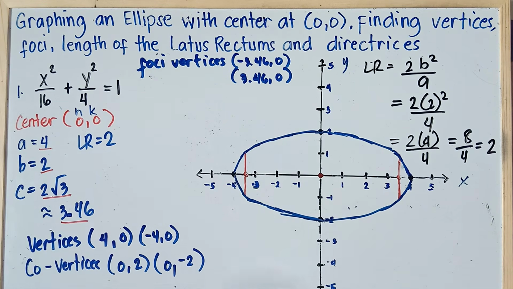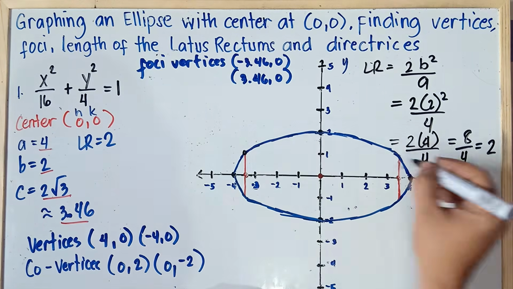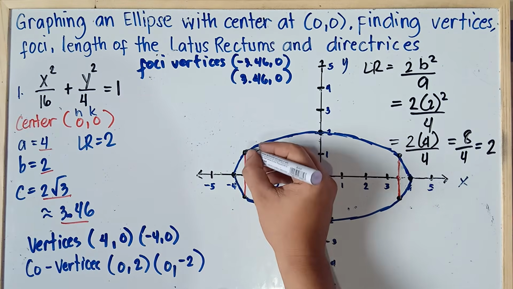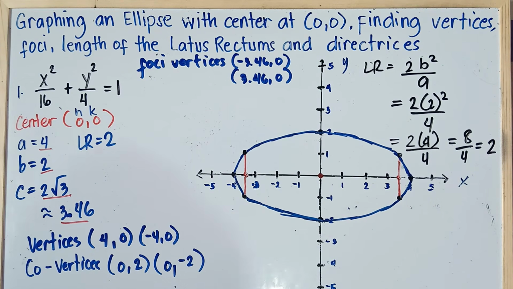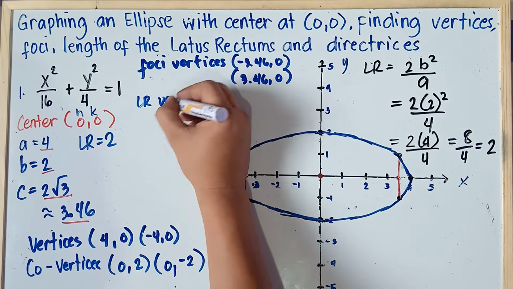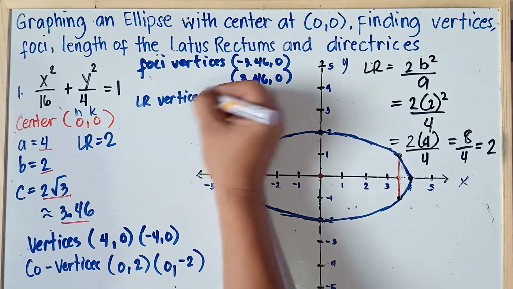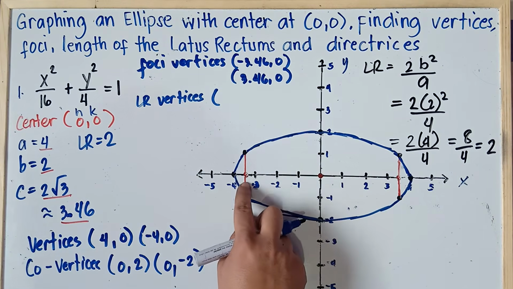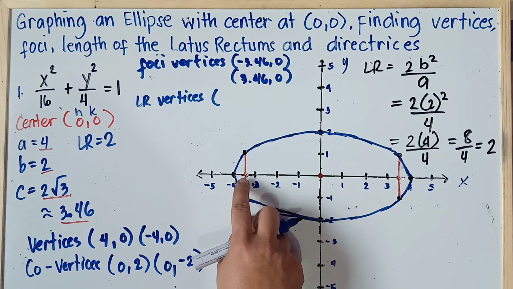And the vertices, of course, we need to get the vertices of this latus rectum. So these are the following vertices of the latus rectums. Alright, so the vertices, let me just write the vertices. LR vertices. So we have, this is 1 for X, that is negative 3.46.